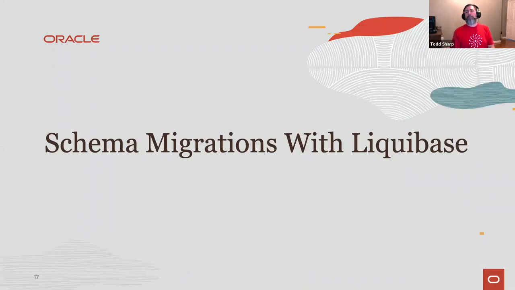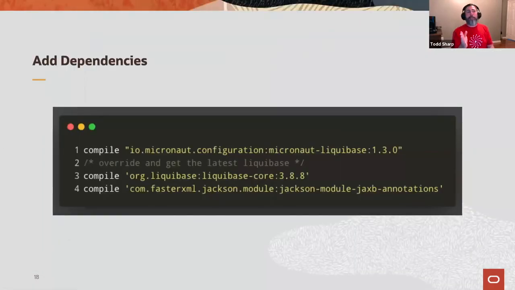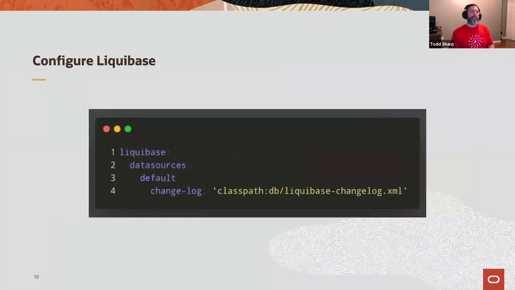Another thing that's really cool about Micronaut is that it has support for schema migrations. I believe it has support for Liquibase and Flyway. I could be wrong, but I'm 95% sure that those are the two that it supports. And to do that, you add a Micronaut Liquibase dependency and make sure that you have the JAXB annotations included.